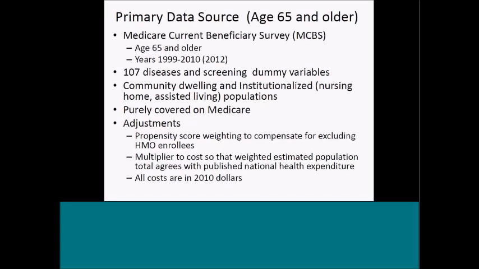So we did a simple propensity score weighting to compensate for excluding those HMO enrollees, and we did as best we could to make sure that the model is good and there's an overlap of the distribution of the propensity scores, and that way we can get the weighting done.